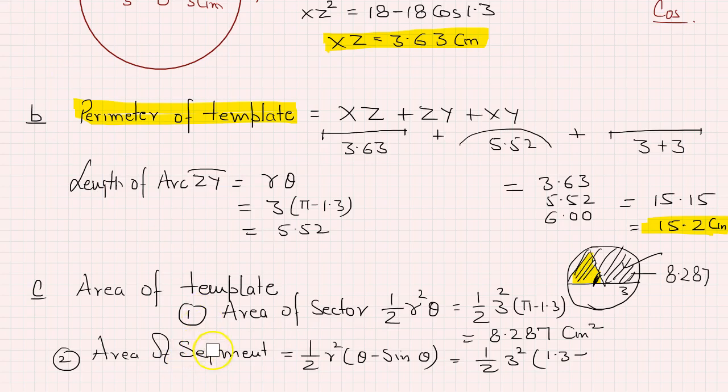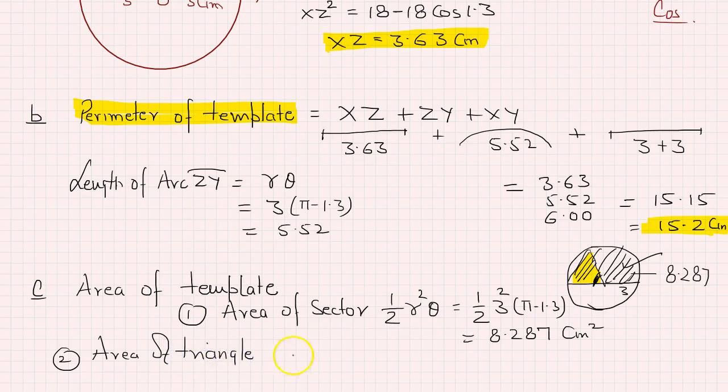What we are going to use is the area of triangle. So area of triangle is half AB sine C, sine 1.3.